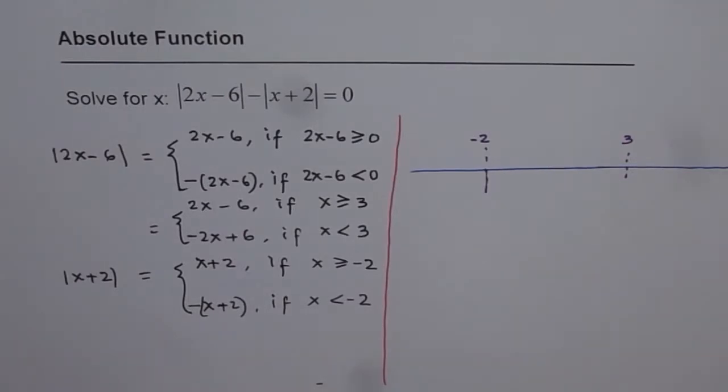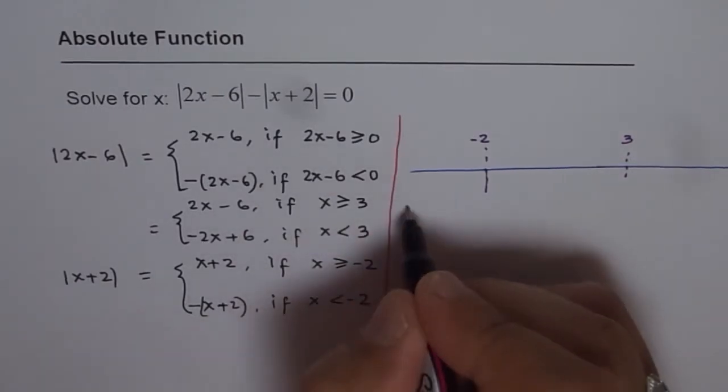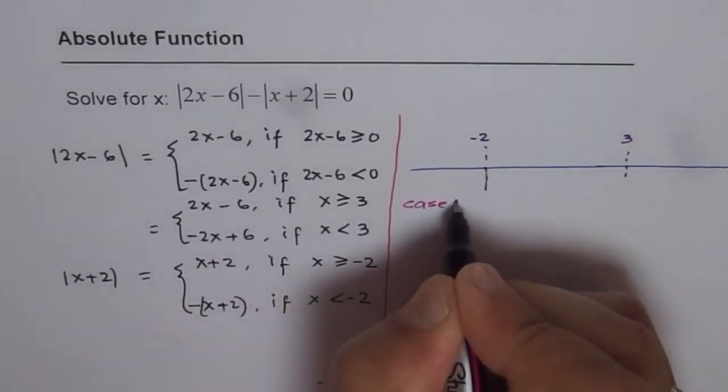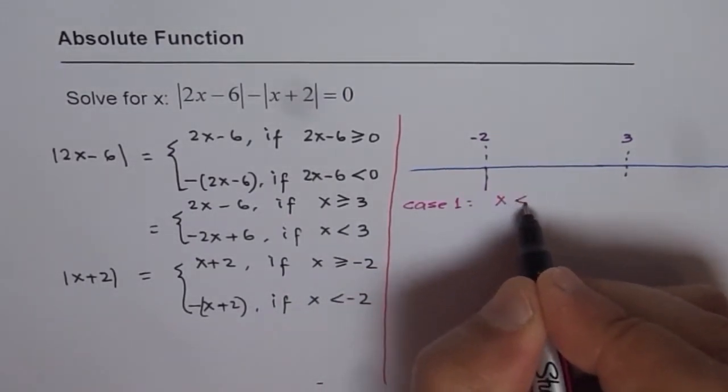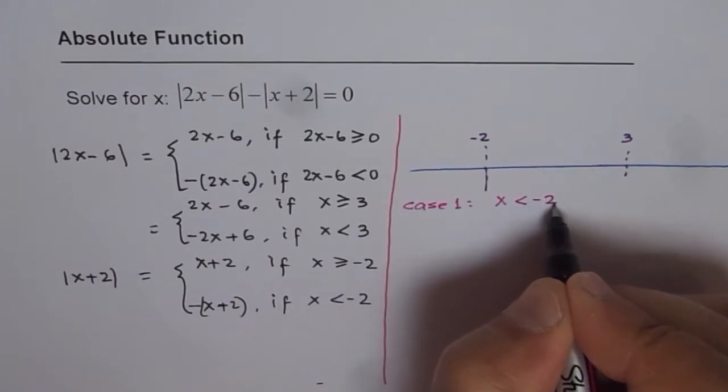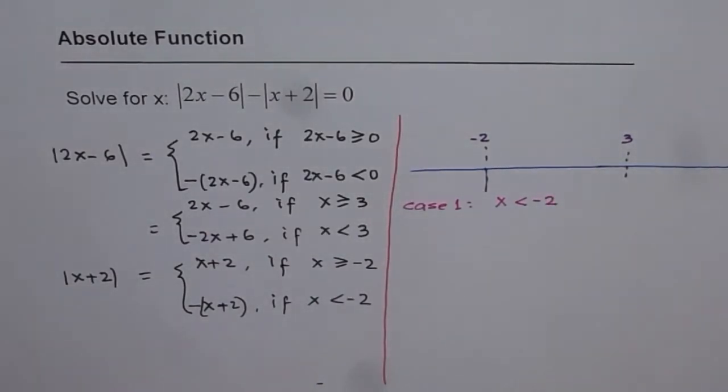So let's do case 1, which is when x is less than minus 2. When x is less than minus 2, |x + 2| is minus of (x + 2).